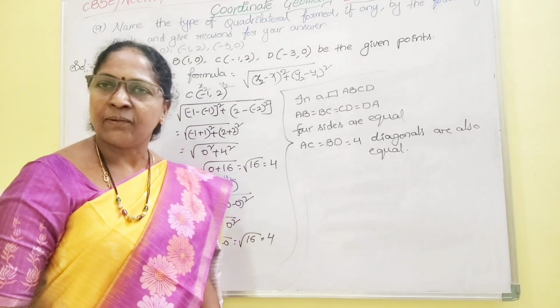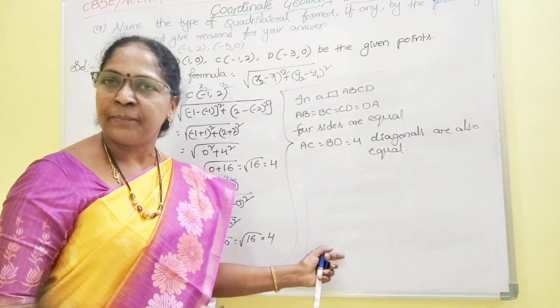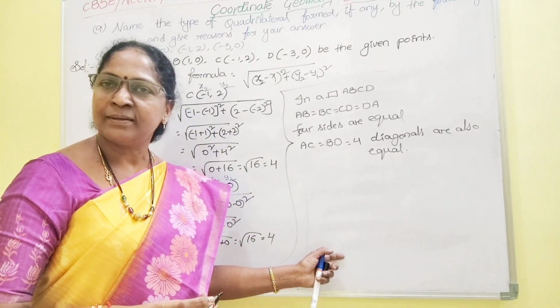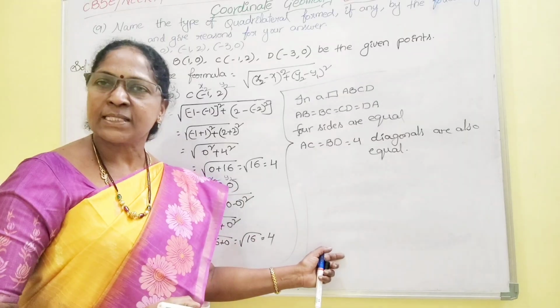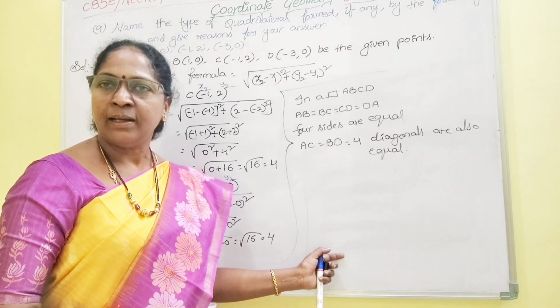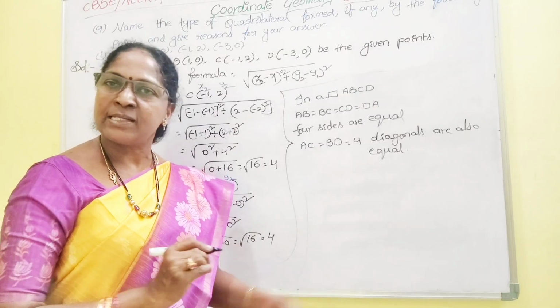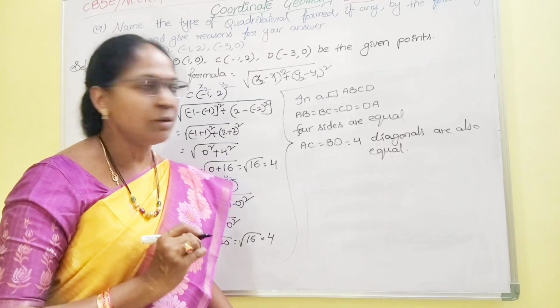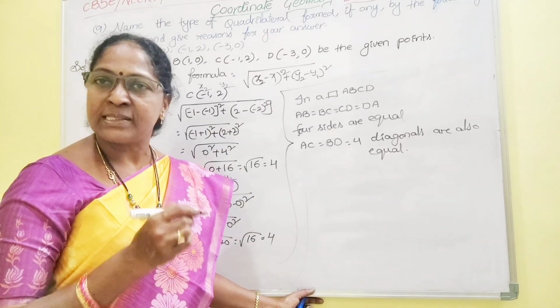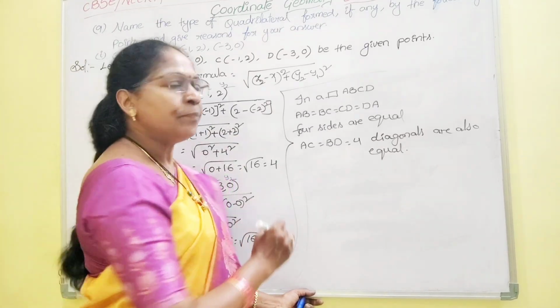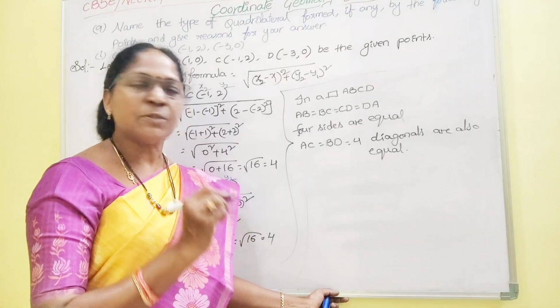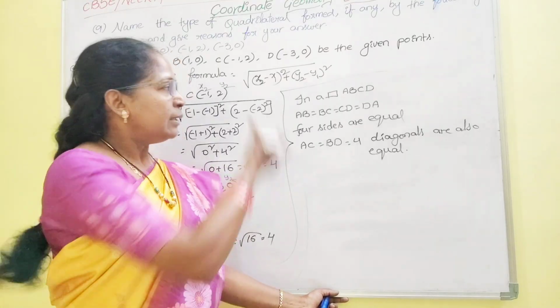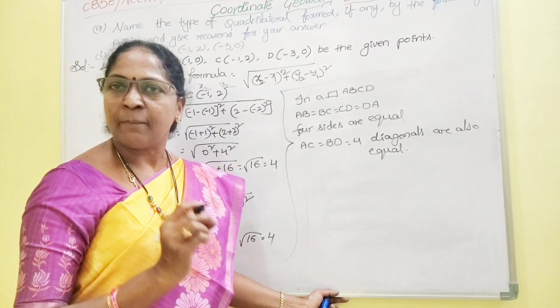Hence we can conclude that the given points form which type of figure? Square. What is the property of the square? All sides are equal, that means 4 sides are equal, as well as 2 diagonals are also equal. This is the sides property of the square. So depending on the sides property, we can conclude that the given points form which type of quadrilateral.